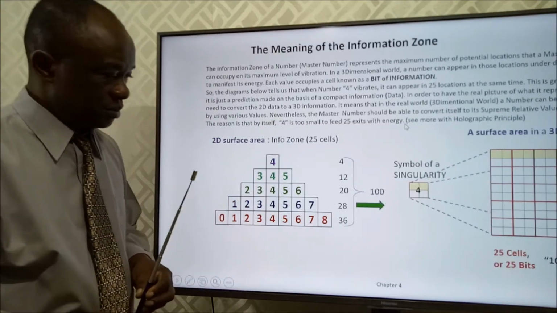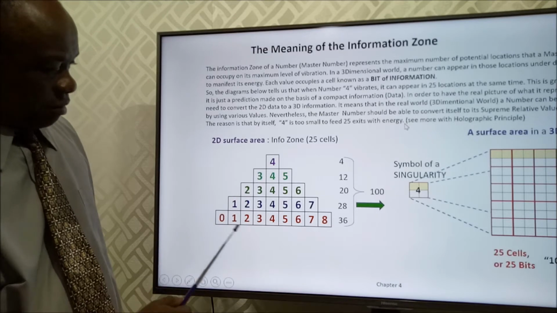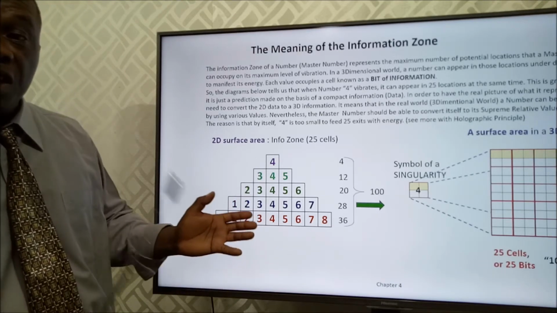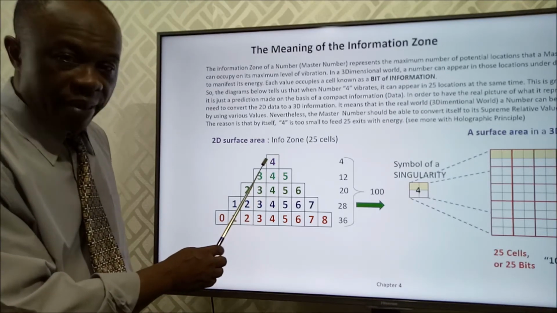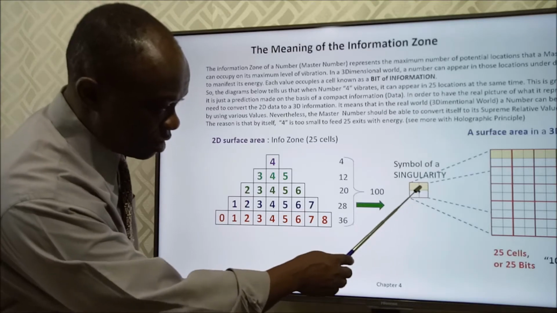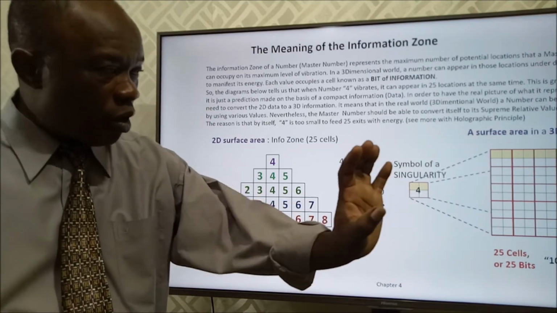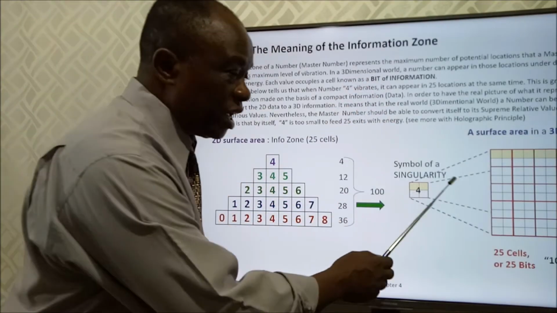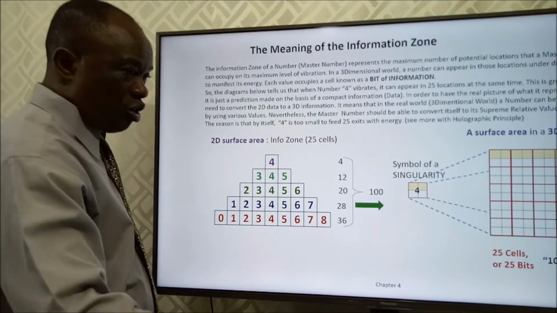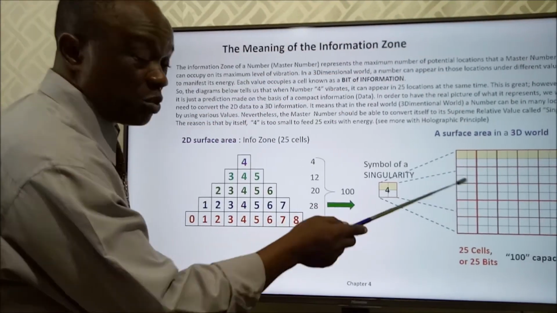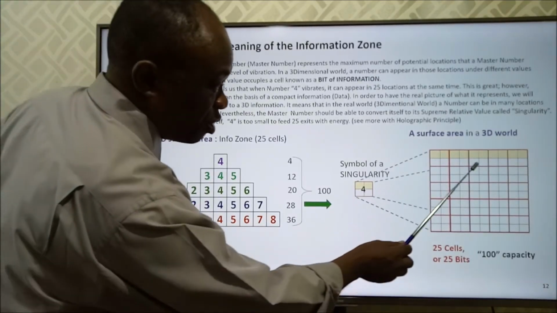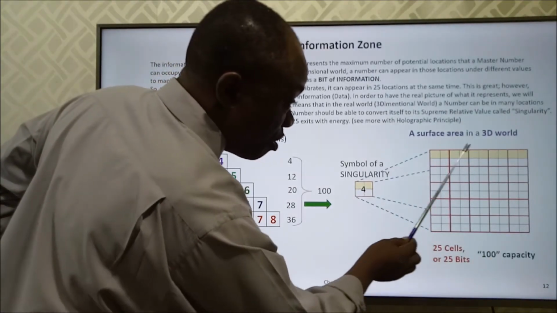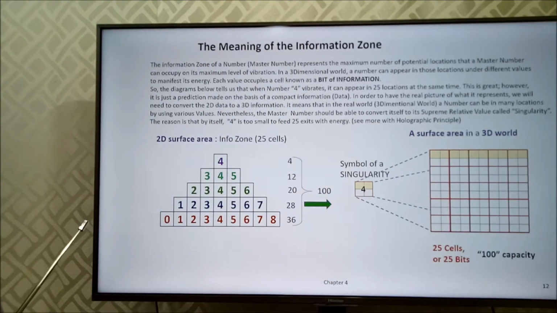This is what I'm talking about. You have your data here. What it means is that if you have a master number 4, then you project that 4. When it appears on the floor or on the screen, on the wall, wherever you want, what you have as possibility is that these will appear in 25 locations.